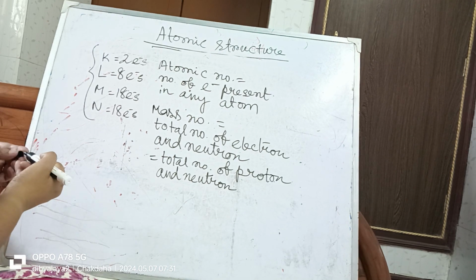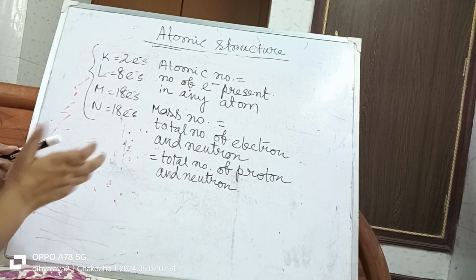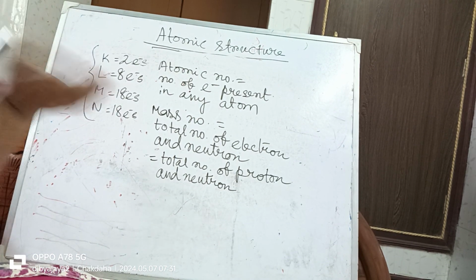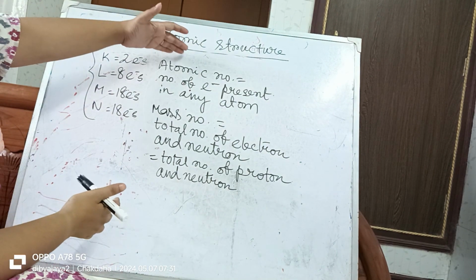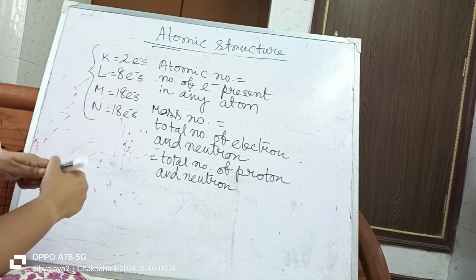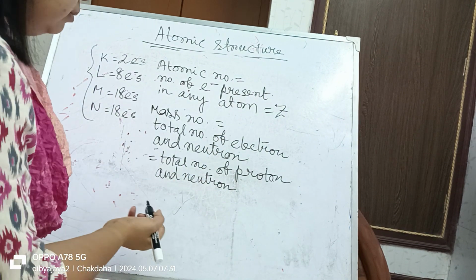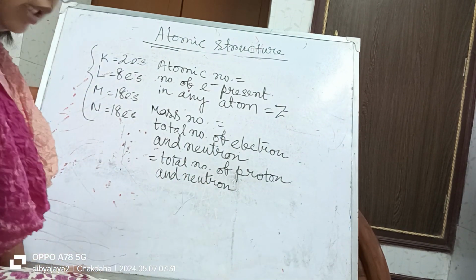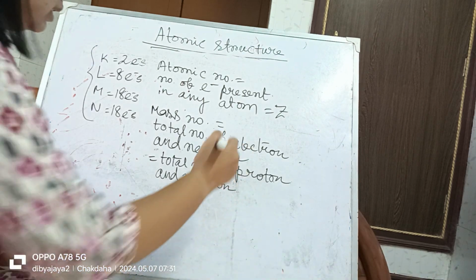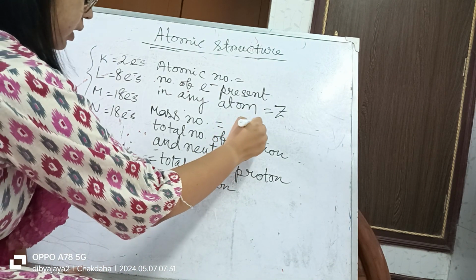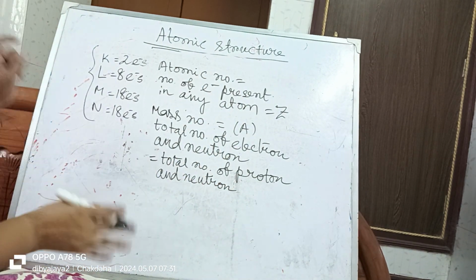Here is a very nice relationship between the atomic number and mass number. Atomic number is denoted as Z, and mass number is denoted as capital A. How do we represent it?